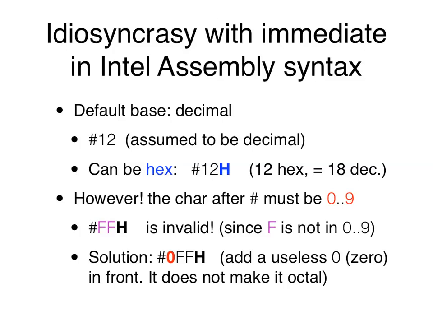Actually, no. It knows the context for what you need. So it still treats it as FF, or 8 bits of 1. That's just an idiosyncrasy you should know about.